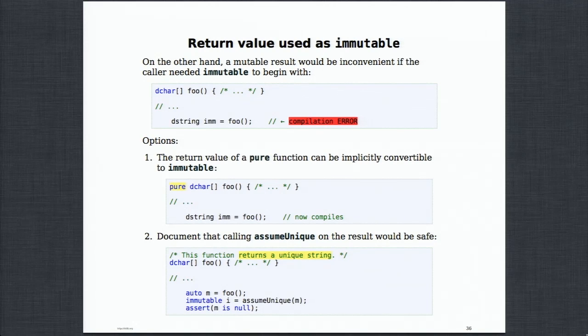That compiles, because the pure function guarantees that this mutable data is not referencing outside. It produced it and it's the result of it. Or your function can be documented saying, hey, I return a unique string. You're safe to pass it through assumeUnique to get an immutable data out of it. That works too. These are some solutions.